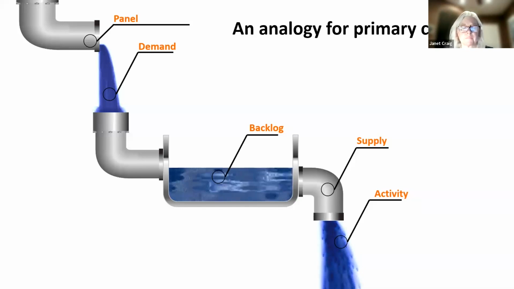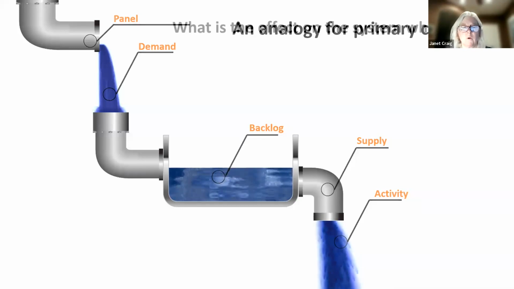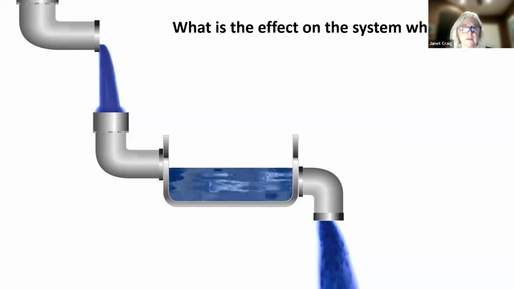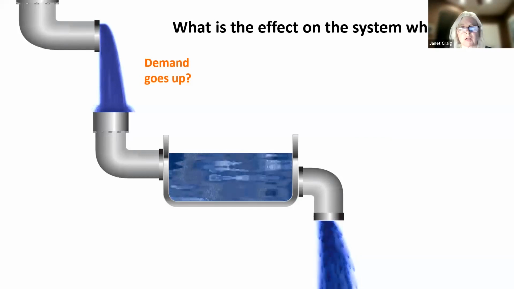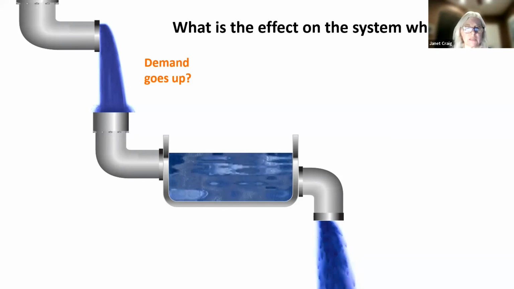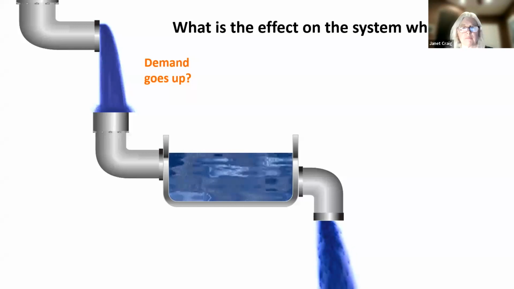But what happens if your demand goes up? Either your panel size increases or your patients become more complex and you're doing more visits per year. You can see what happens is you start to get a backlog in that middle area of the pipe, so the water doesn't flow out as easily.